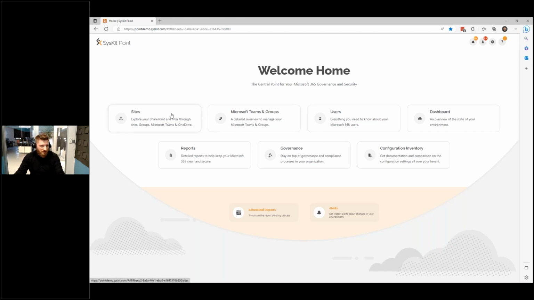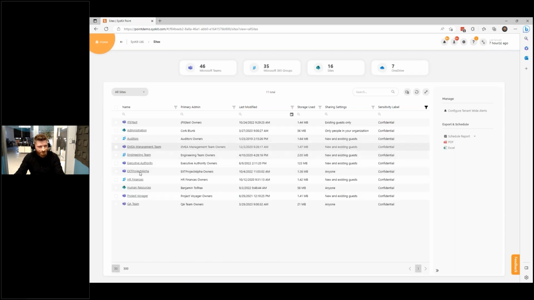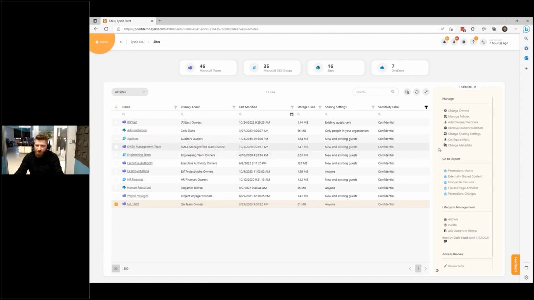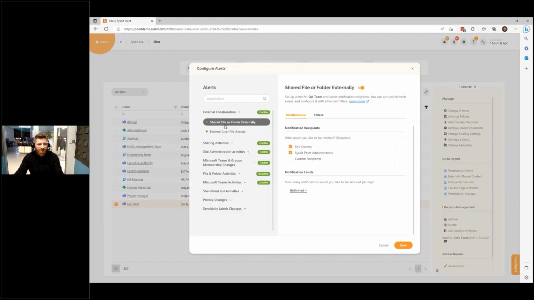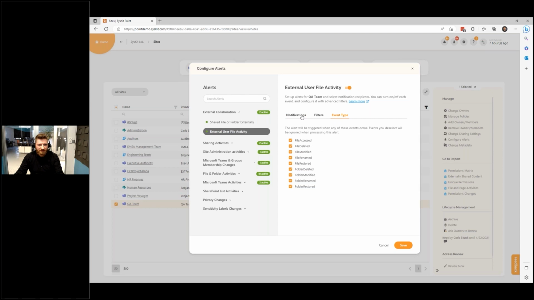So now that we have that, let's also think about a couple of more proactive ways to reduce risks moving forward. And I can perhaps do this by configuring a wide variety of alerts that will keep me up to speed on shared files or the external user activities that we've mentioned.